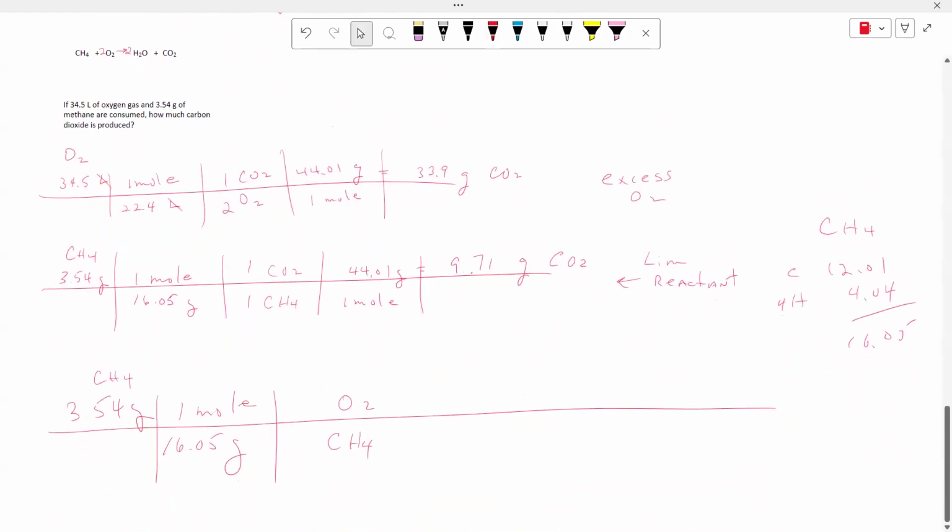Okay, so we're going to have 1 methane and 2 oxygen.